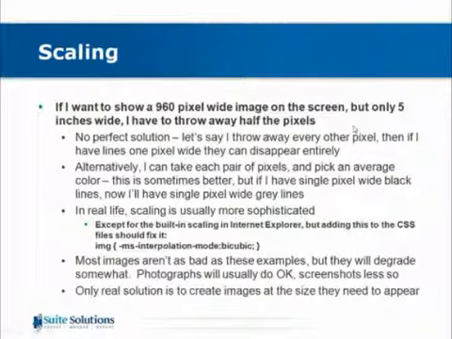We can't just simply shrink that image and then make it more precise in that section of the screen, because the screen only naturally in that space has the 480 pixels that exist. So if we want to show a 960 pixel image in 480 pixels, we have to throw away half the pixels.